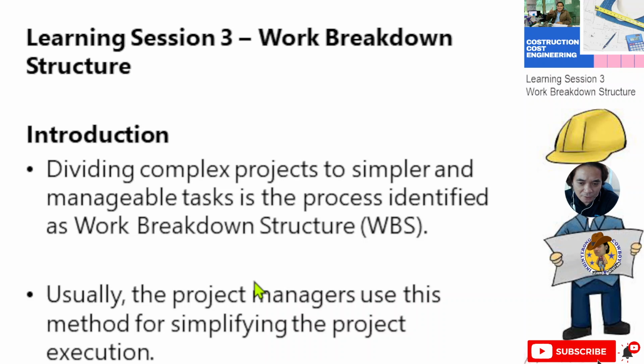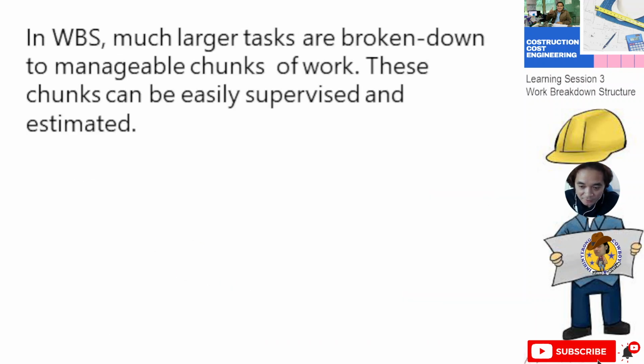Usually the project manager uses this method for simplifying the project execution, because with this method you are dividing your project into sub-activities, so it can be easily managed and you can check the progress of a certain activity using this kind of estimate.